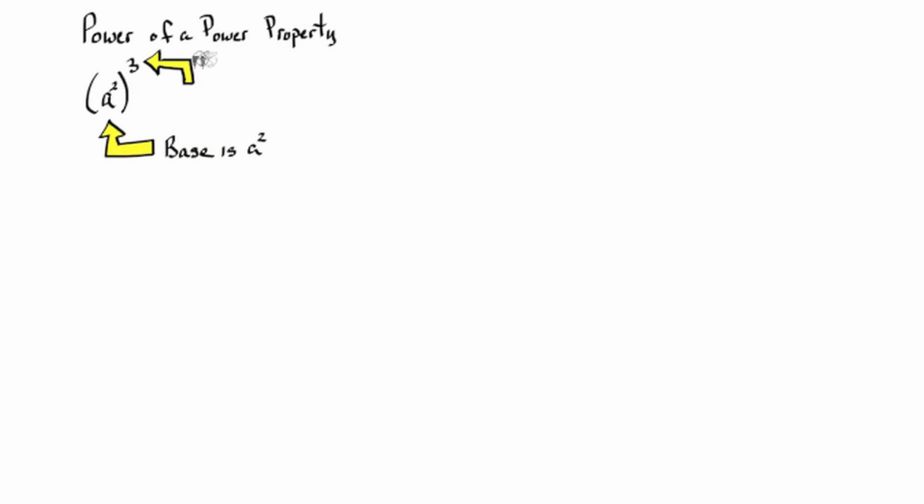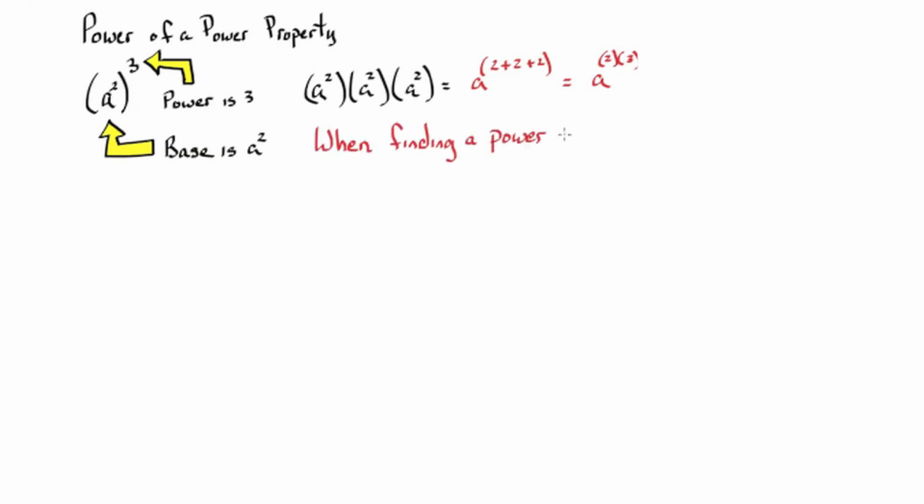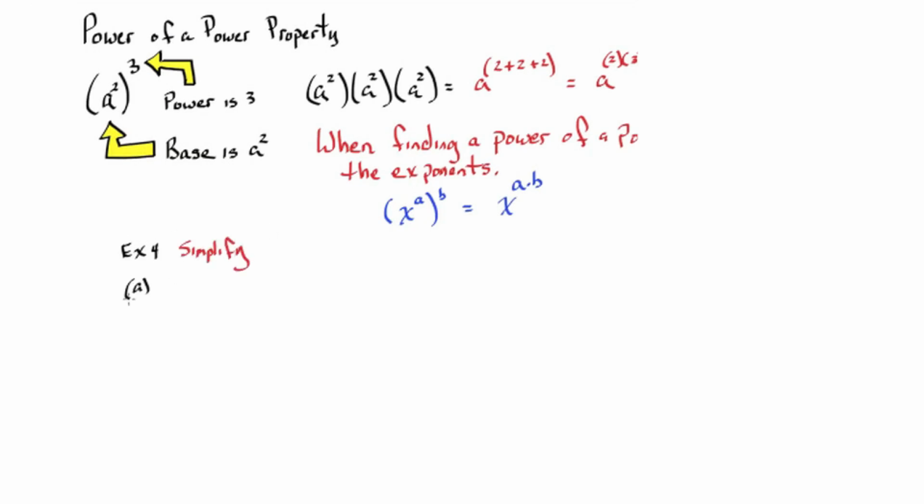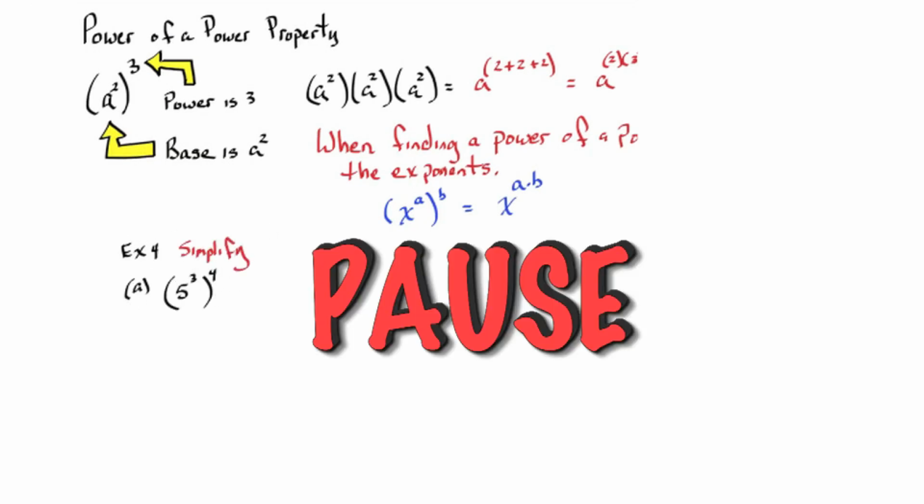Power of a power property. This time our base is a squared, and the power is 3. So we're saying a squared times itself 3 times, or 2 times 3, which is a to the 6th. When finding a power of a power, multiply the exponents. X to the a to the b is the same as x to the a times b. Try this one.